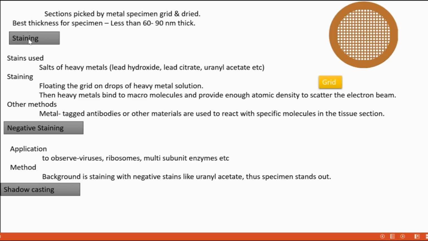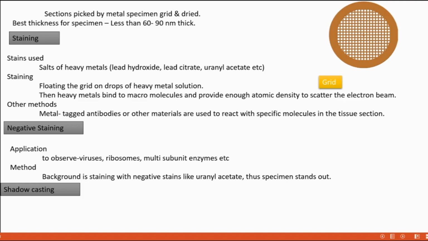How is this staining done? We drop the heavy metal solution over the specimen placed on the grid, and the heavy metal material sticks on the specimen surface and gives it enough atomic density to scatter the electron beam that is hitting the specimen.